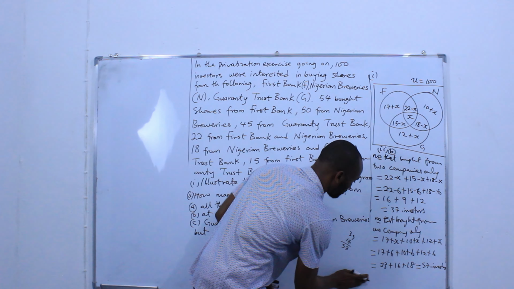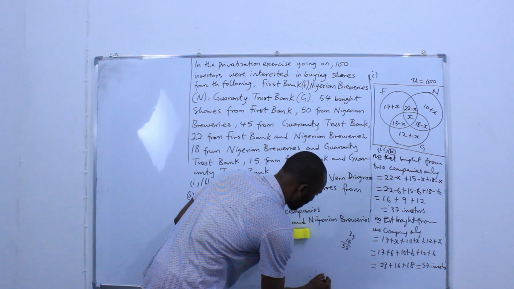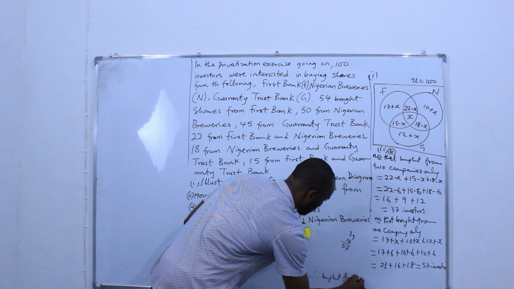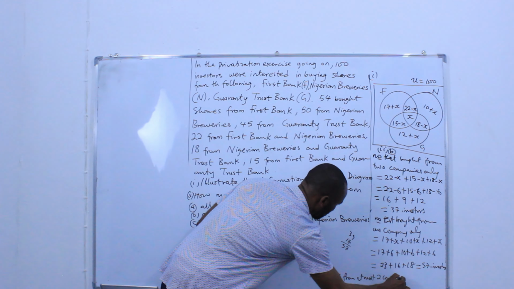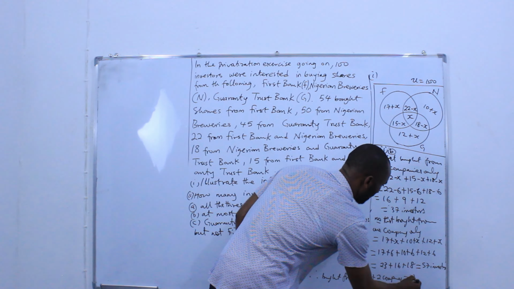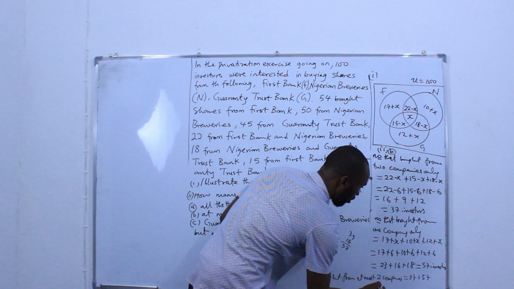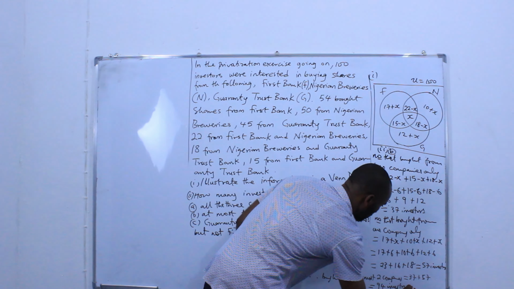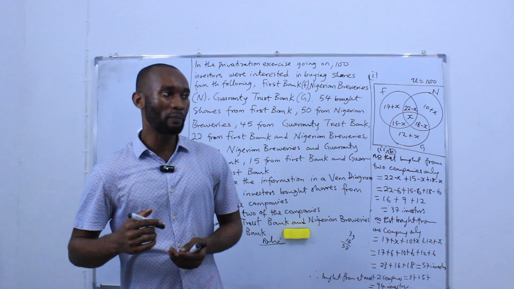So therefore, people that bought from at most 2 companies will give us 37 investors plus 57 investors, which is a total of 94 investors.